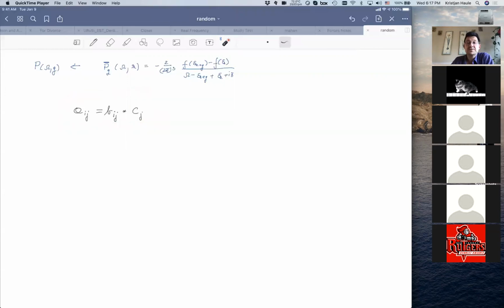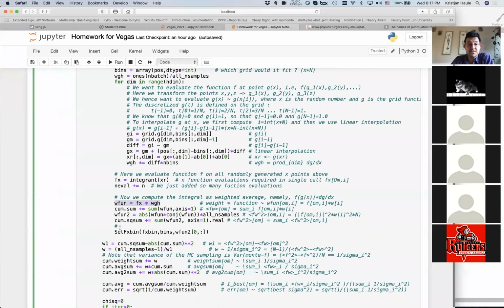If B is a two-dimensional array and C is a one-dimensional array, and as long as the dimension of the second index matches, then there is going to be no error, and the result is obtained in this way: A ij is B ij times C j. Again, in order to understand this, you need to read the documentation of NumPy, and indeed this works.